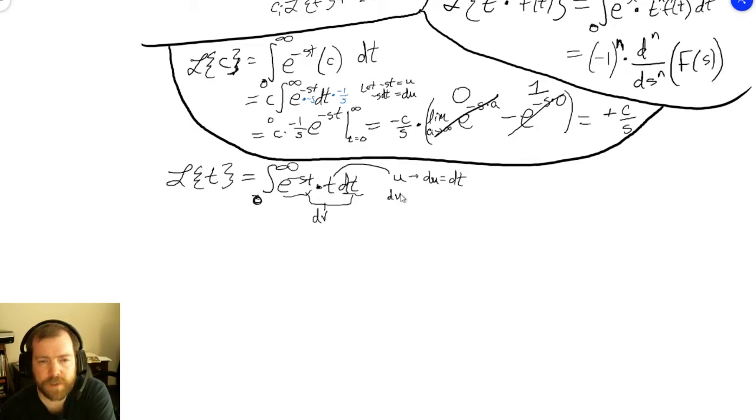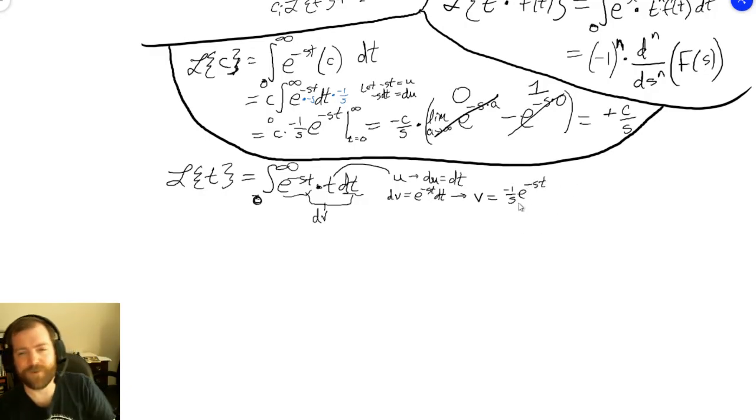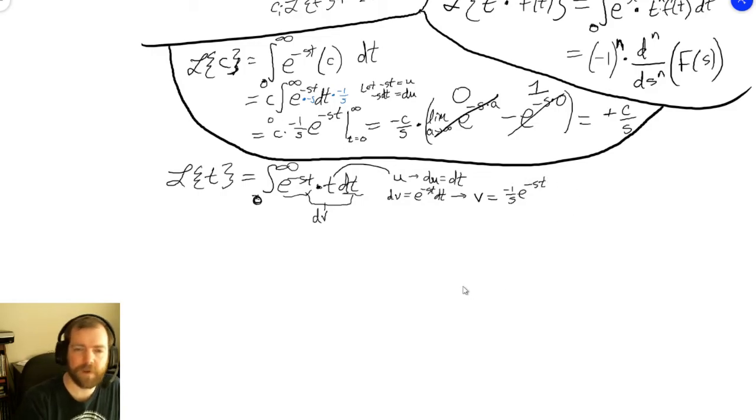We know that dv equals e to the negative st dt. So v therefore must be equal to negative 1 over s, just literally what we just did up there. Negative 1 over s times e to the negative st. So integration by parts, we're going to get u times v, right?